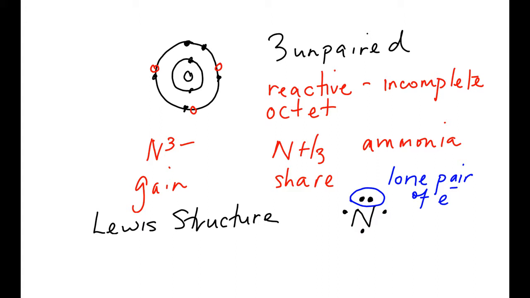So we have 3 bonding unpaired electrons, and we have 1 lone pair of electrons. The most bonds nitrogen can make is 3, because it only needs 3 electrons.